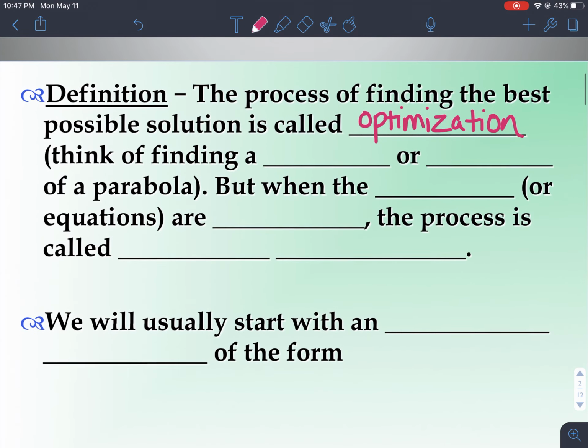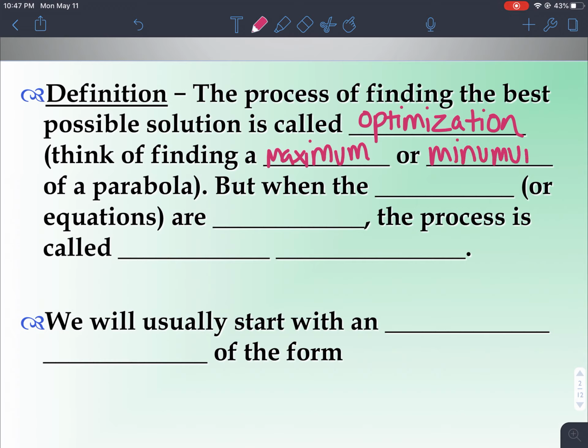Think about finding a maximum or minimum of a parabola, something that we've all done in the past.